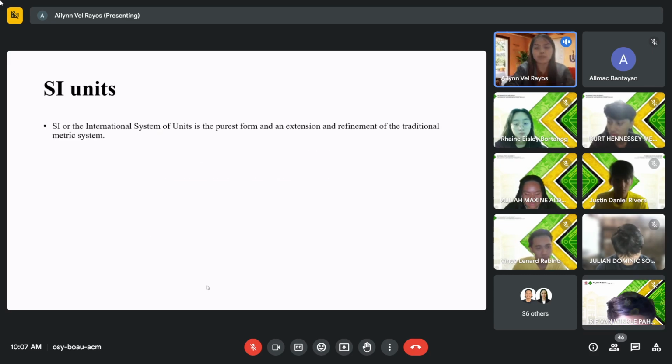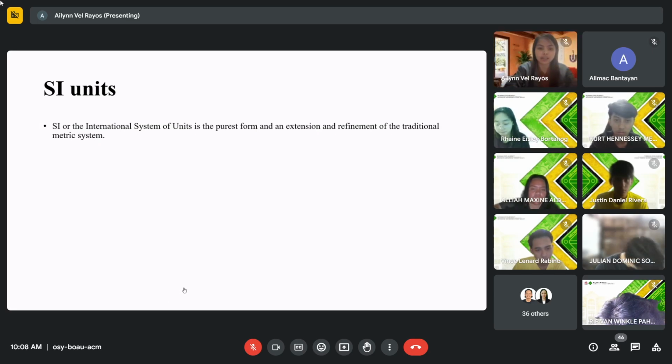So, we'll be discussing also this SI units para you will be aware then and ma-familiar kayo.